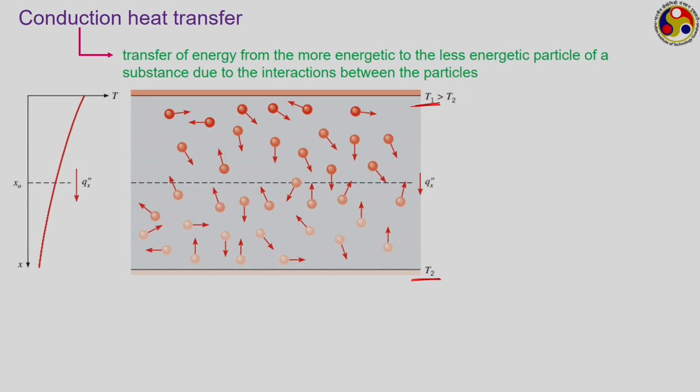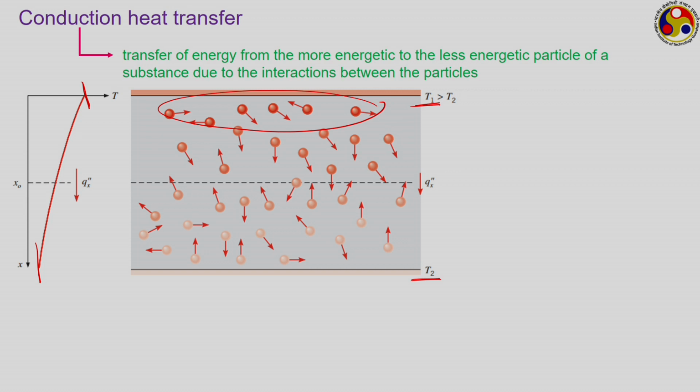Then the molecules of gases which are close to the surface at T1 are expected to be at a higher energy level compared to the molecules close to the low temperature wall. That is a temperature gradient acting. Here the temperature is high, here the temperature is low.